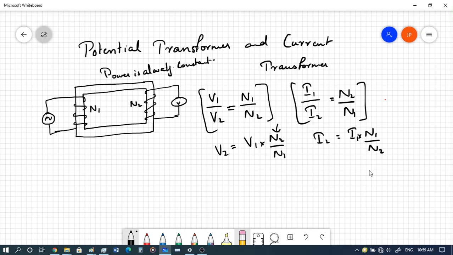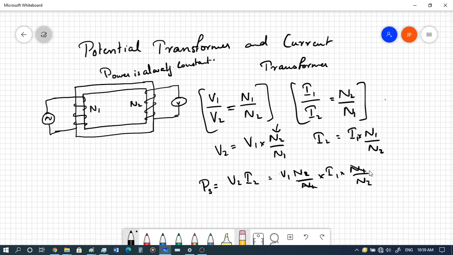So if you multiply V2 and I2, the power of the secondary is P equal to V2 into I2. Substituting these values, V2 into I2 will be equal to V1 into N2 by N1 into I1 into N1 by N2.